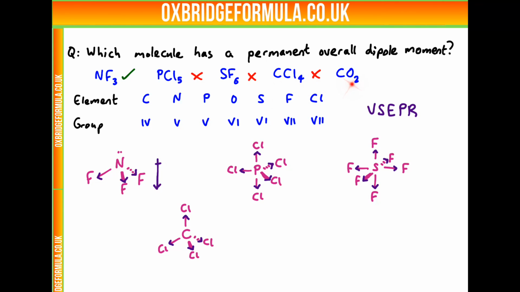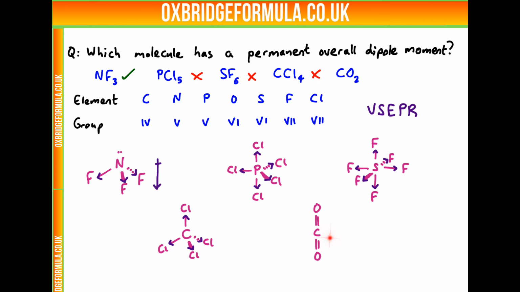Then finally, what about carbon dioxide? We know carbon forms double bonds to oxygen, and so it'll use 2 of its electrons in one double bond and the other 2 in the other. And so if there are 2 bonds and no lone pairs, what shape results? We have this linear arrangement to maximize the separation of the oxygens.